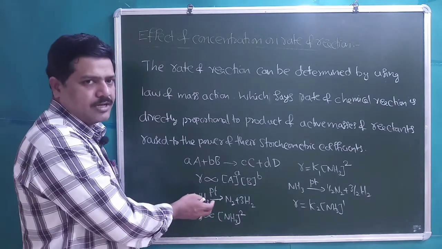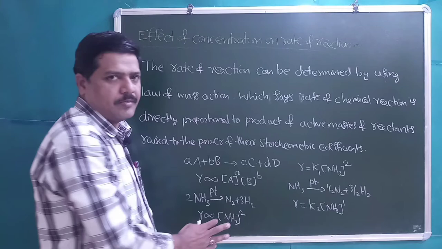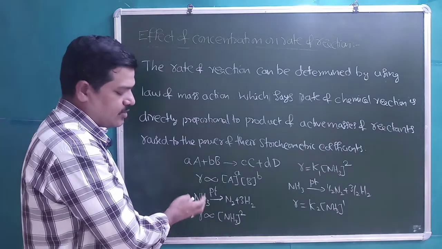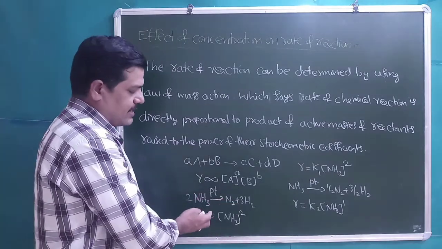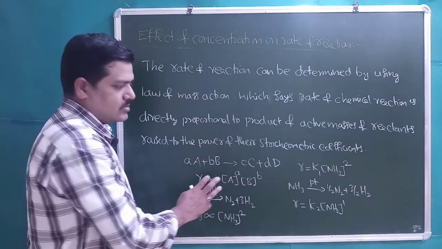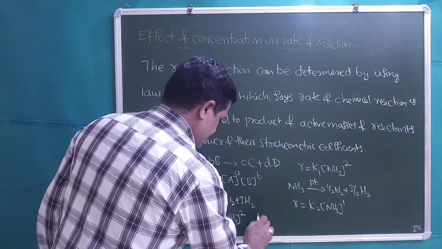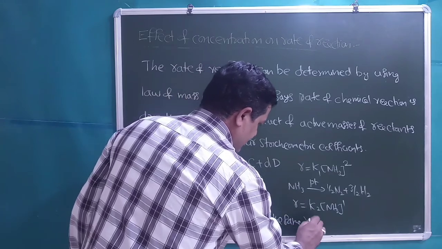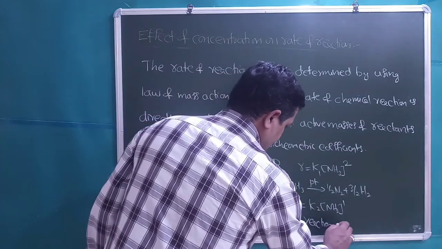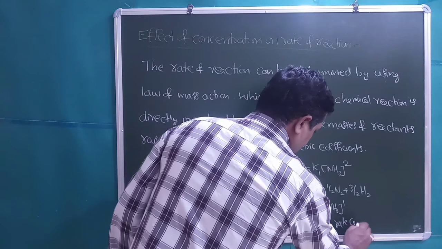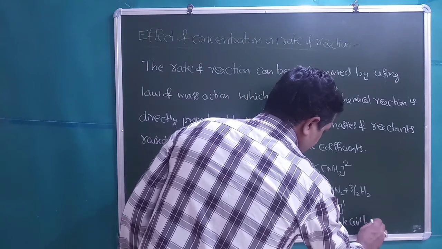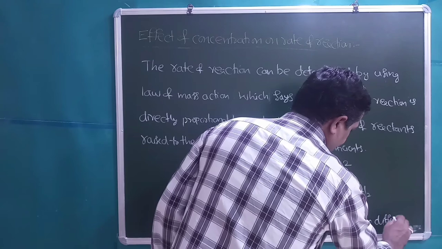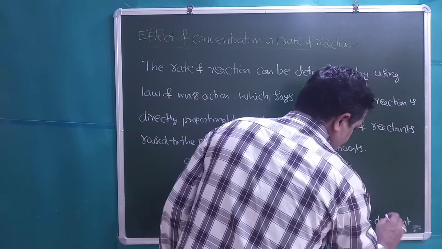This is a decomposition of ammonia, and this is also a decomposition of ammonia. When we change the coefficients, the rate expression changes. So for the same reaction, the rate or the rate expression cannot be different.